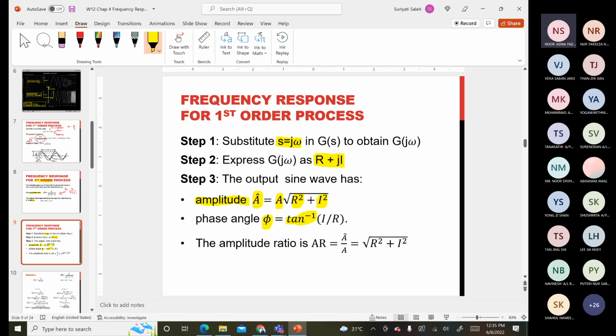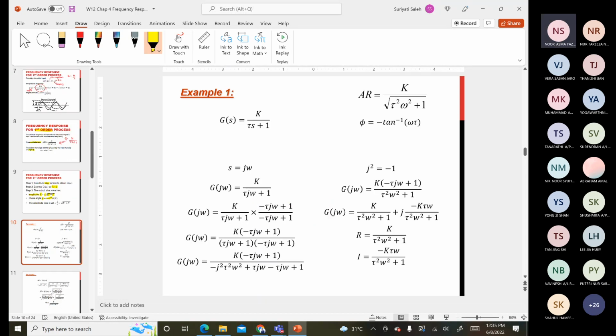So we take a look at an example. In this case, we have the first order transfer function, G(s) equal to K over tau S plus 1. Our objective is to convert from G(s), how we can get the AR, and how we get the angle.